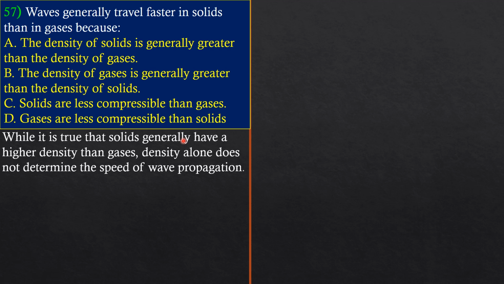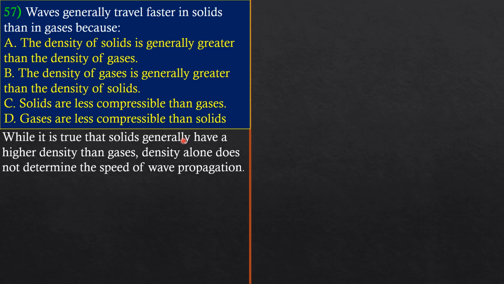the density alone is not a sufficient factor that determines the speed of propagation of the wave. It does not determine it independently. Now, option B is saying that the density of gases is generally greater than the density of solids.